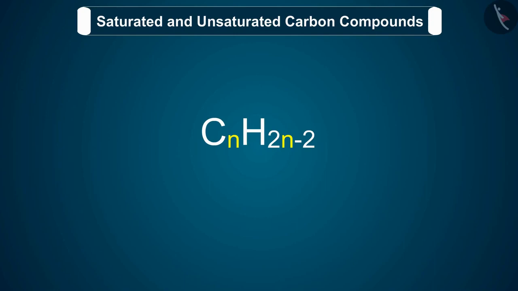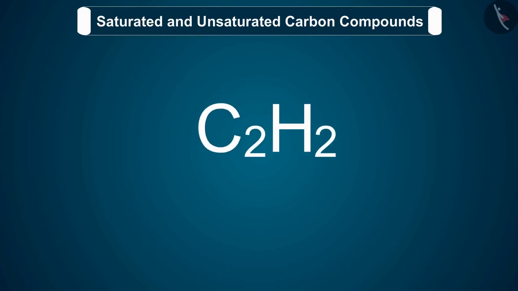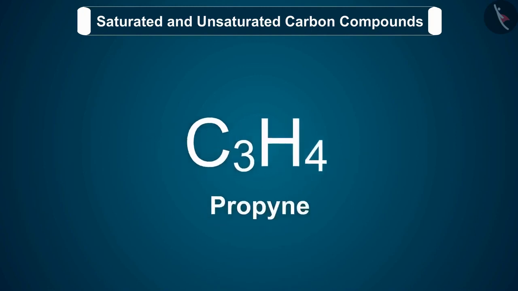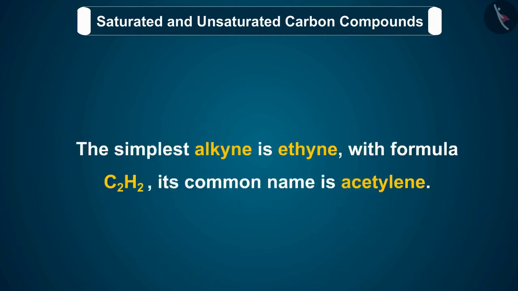If an alkyne has two carbon atoms in its molecule, then n is equal to 2 and its formula will be C2H2, which is ethyne. 2. Similarly, if we take n equal to 3, we will get propyne. The simplest alkyne is ethyne, with formula C2H2, and its common name is acetylene.